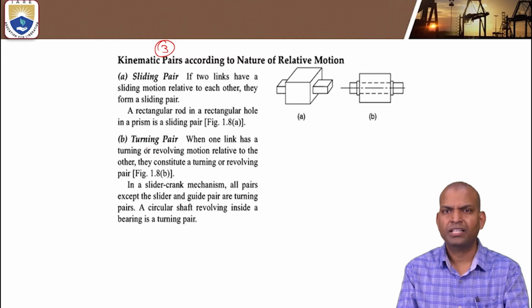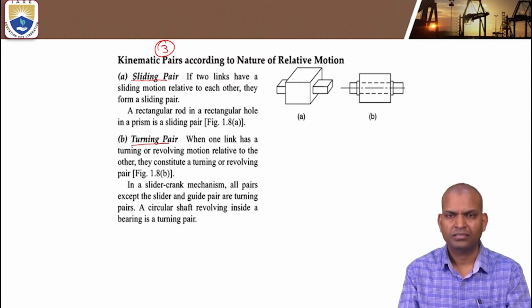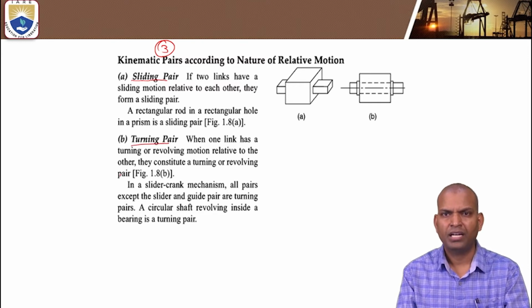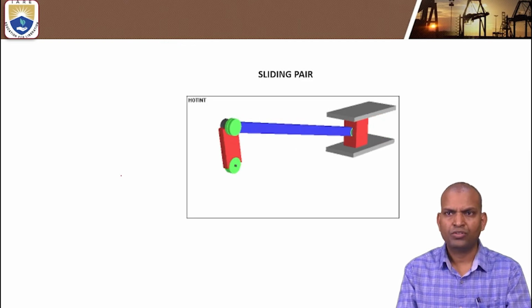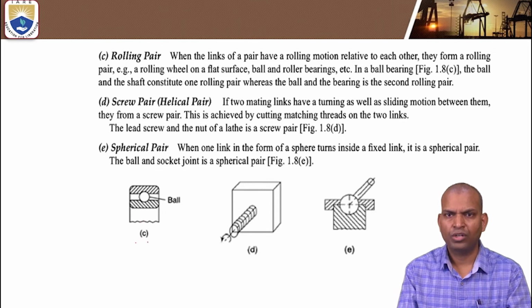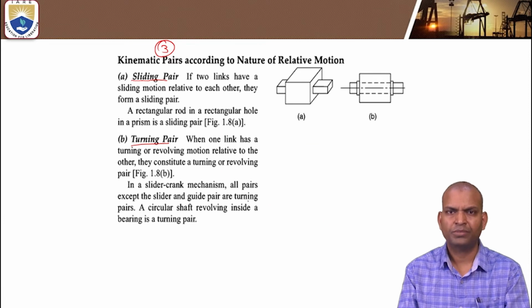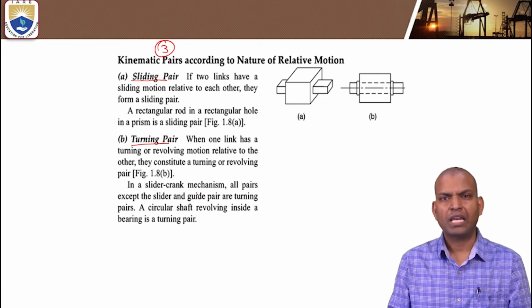There are different types: a sliding pair, a turning pair, a rolling pair, a screw pair, and a spherical pair. There are a total of 5 types under the categories of kinematic pairs based on relative motion.